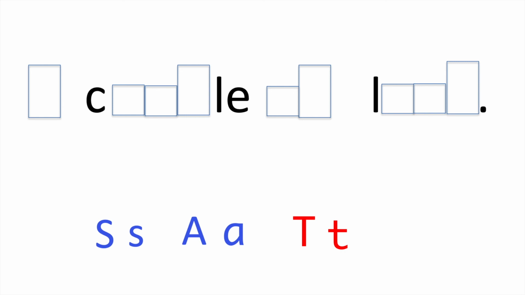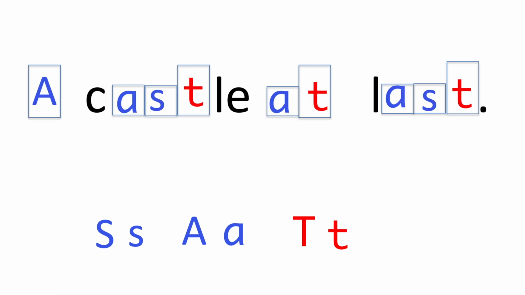So just think, what is the tall sound that must go here? And here we have a capital. A castle, tall sound, at, tall sound, last, tall sound. Pause the video and have a go. Did you get it right?